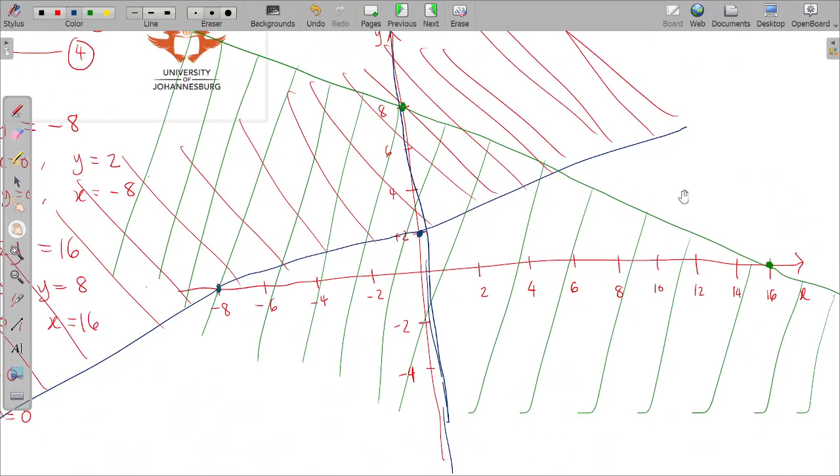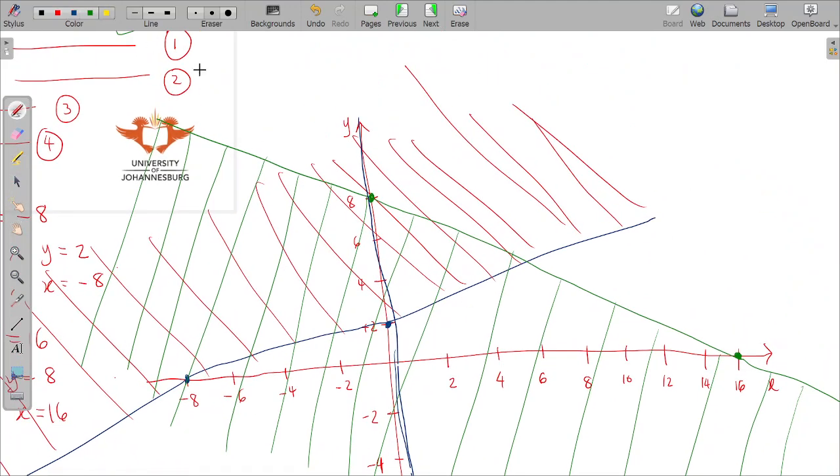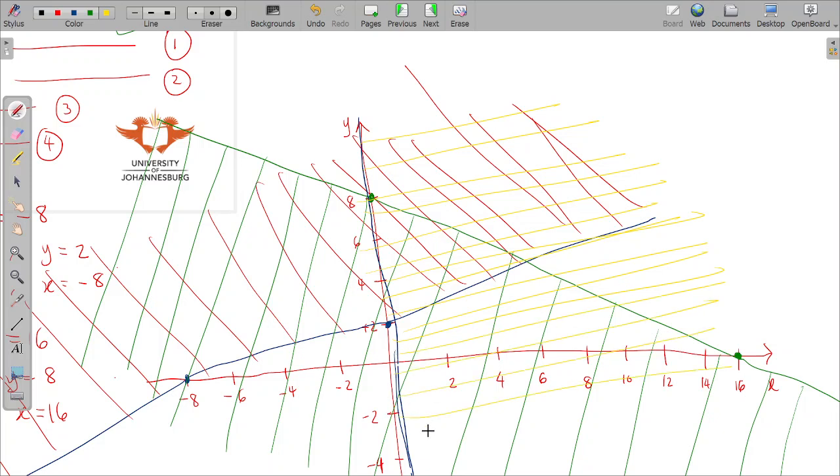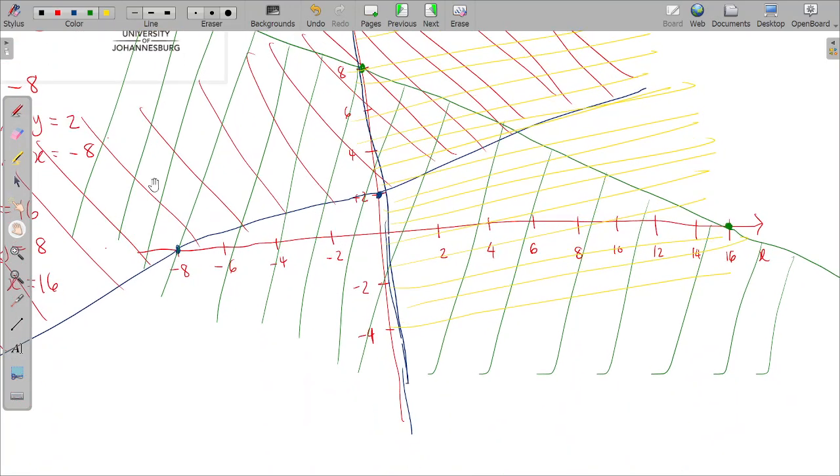This side is greater than 0, and this side is less than 0, so I'm shading this side. Don't forget, I'm shading the side of my solution. If you decide not to shade the side of your solution, you must do the same thing for everything.